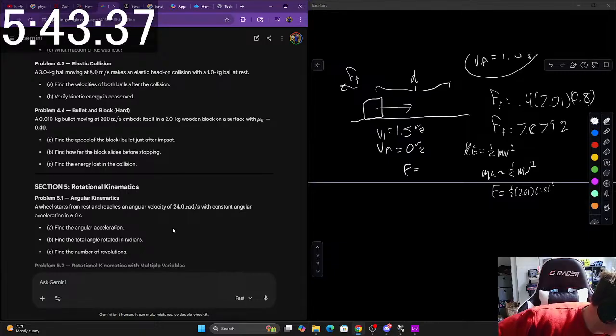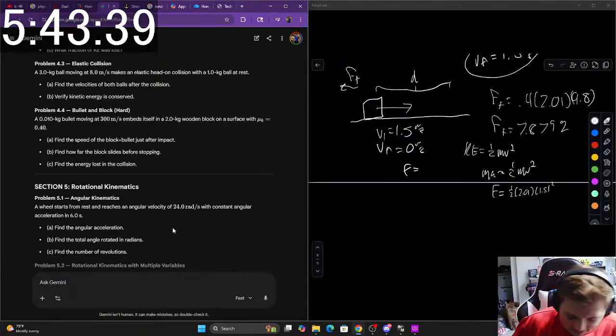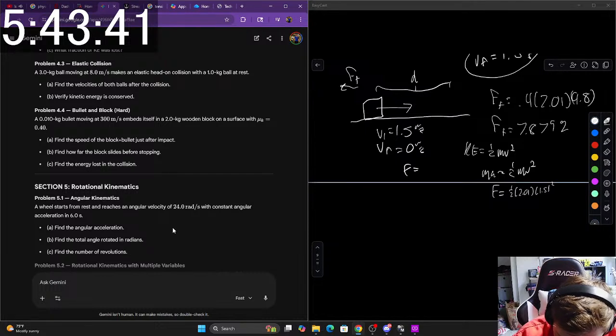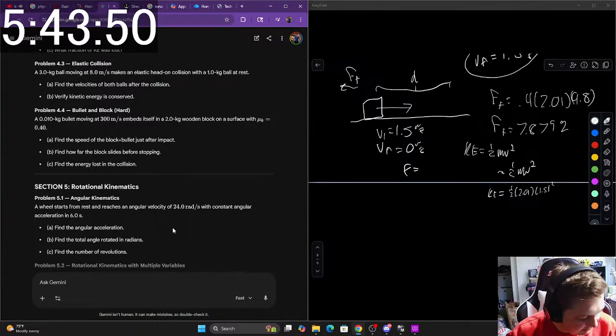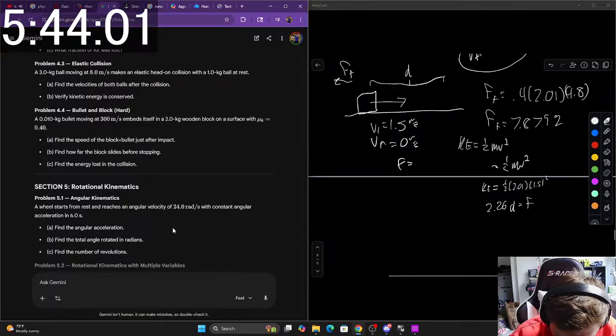I don't know if kinetic energy is equal to the work done. Kinetic energy is a work done over a distance. So F in terms of D. Let's solve for this. This is going to be our coefficient for D. F. There we go. Okay.